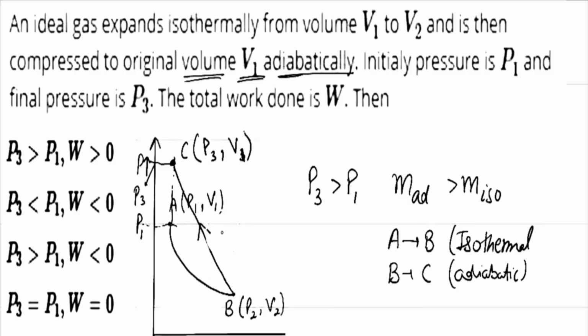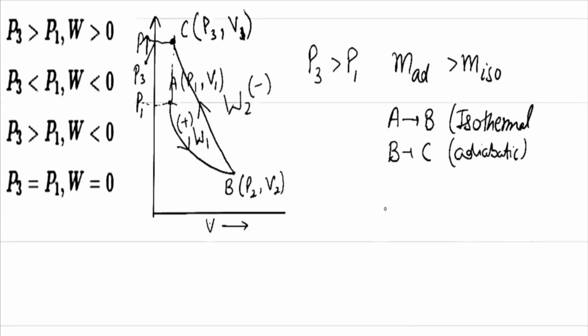Now you are seeing W2 and suppose this is W1. W1 is positive and W2 is negative because in W1 the gas is expanding. So work done by the system is positive and work done on the system is negative. W1 is positive and W2 is negative.